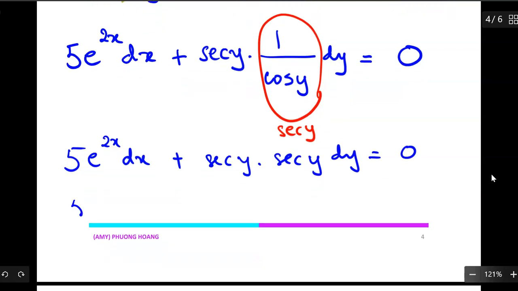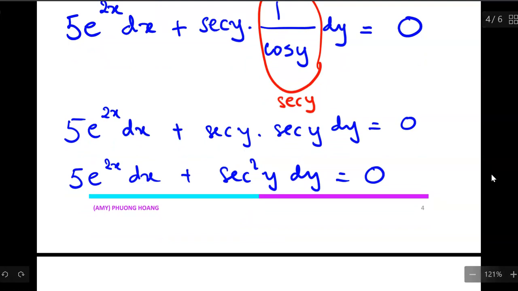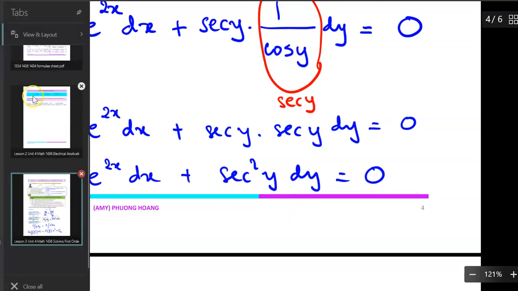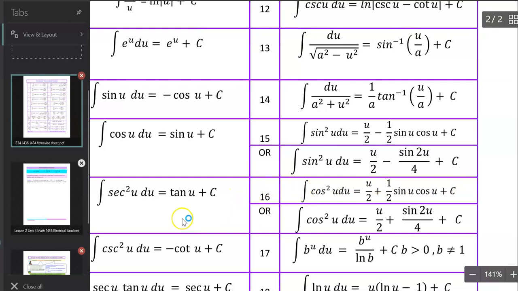So this will be plus secant square y dy equal to 0. Okay, so there is a formula for you to integrate the secant square y. The integral of secant square y will become your tangent of y. Okay, so let me circle that formula that we are going to use, which is this formula.